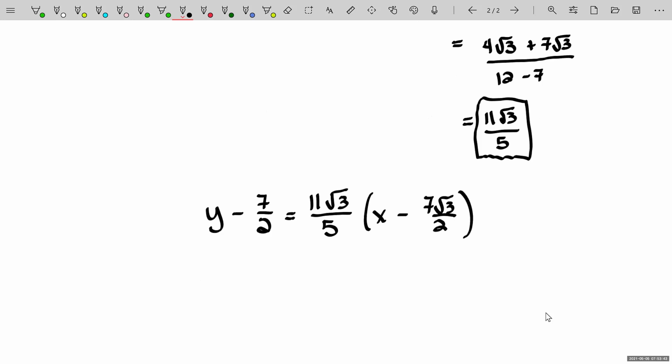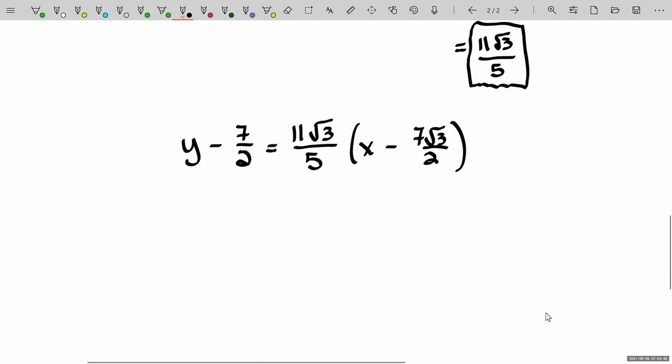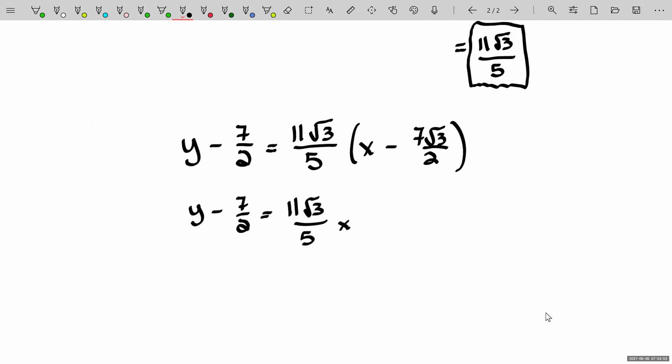And honestly, there's not much cleanup that can happen here, I don't think. Let's see, y minus 7/2, just doing some algebra now, is 11 root 3 over 5x, minus 77 times 3, whatever that is, 231 over 10.